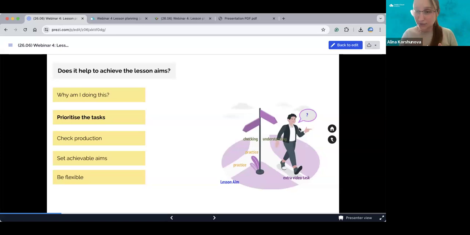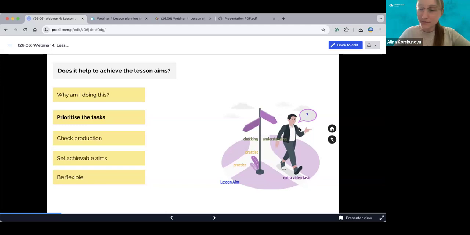So learn how to prioritize, and it's better to do that while planning a lesson and not decide that on the spot when you're already in class, when you have 10 minutes left and you need to prioritize what to do. Better to plan that and learn how to do that. It might be difficult at once. But again, think about the aim of the lesson, think about your learners, and give them something that they really need.